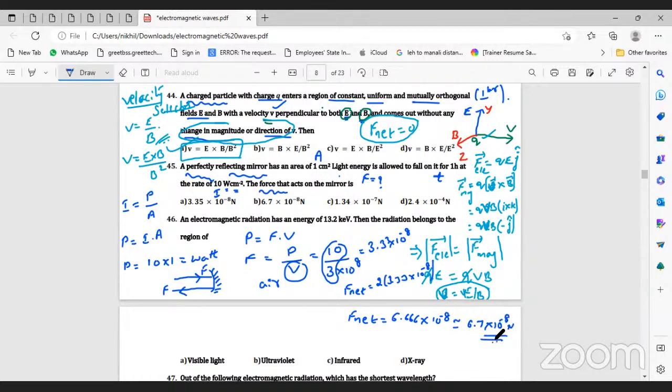So what is the force that is acting from the mirror? It is 6.7 into 10 power minus 8 Newton. So that is option B.